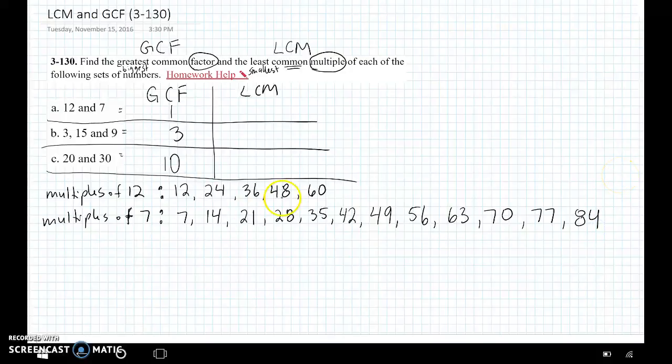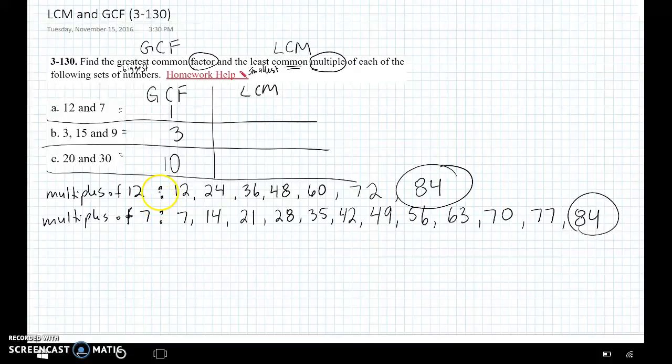And now let's see 12 here. Let's go by 12s. I have a feeling it's going to be 84 here, because I don't see any multiples of 12 here. So it's 1, 2, 3, 4, 5. A sixth 12 would be 72, and a seventh 12 is 84.